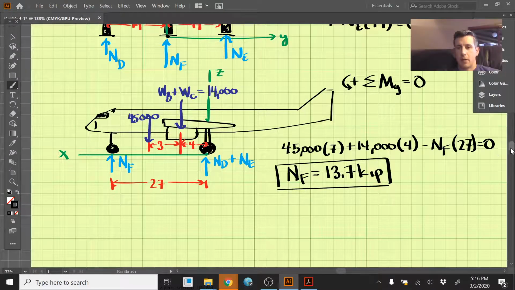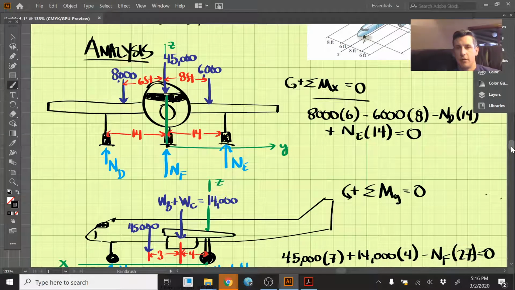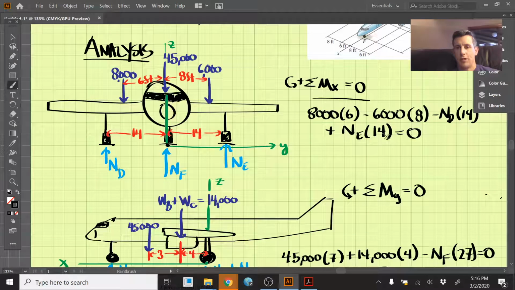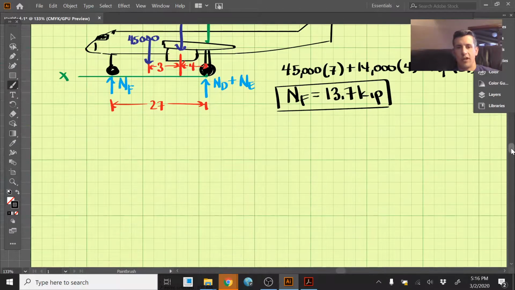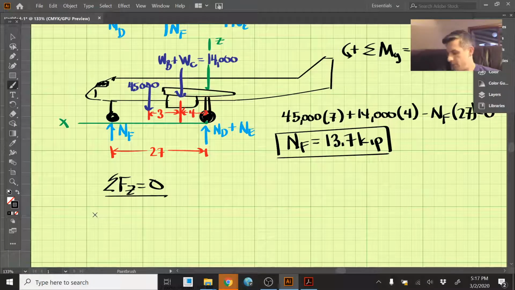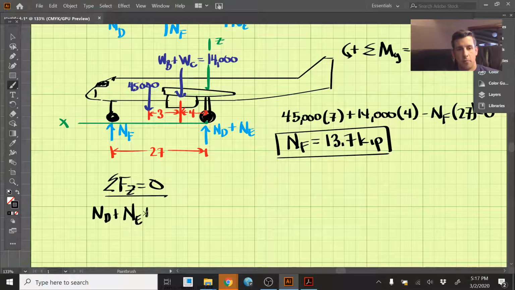We still have two unknowns to solve for, ND and NE. We only have one equation with those in them, so we need one more equation. So I'm going to take the sum of the forces in the z direction and set those equal to 0. All the normal forces point upwards, so those are positive: ND plus NE plus NF.